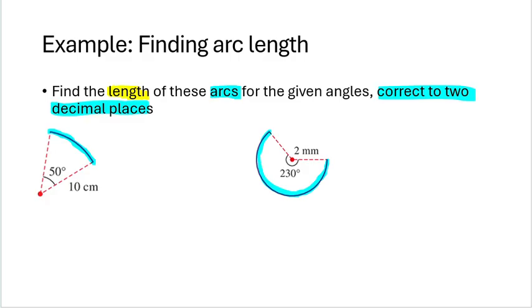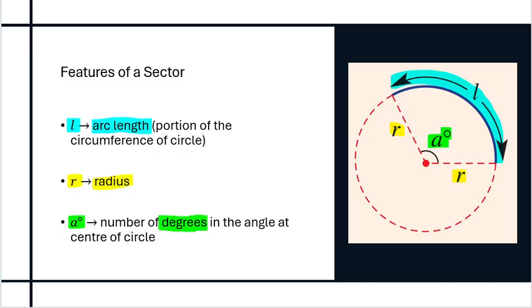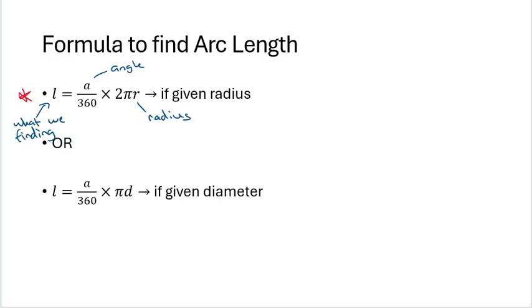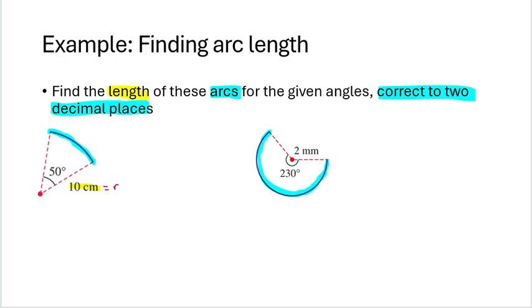Now what we're given here is this 10 centimeters. So 10 centimeters here is actually your radius, because if you go based off my diagram, the length there is the radius given. So we know that the radius equals 10 centimeters.